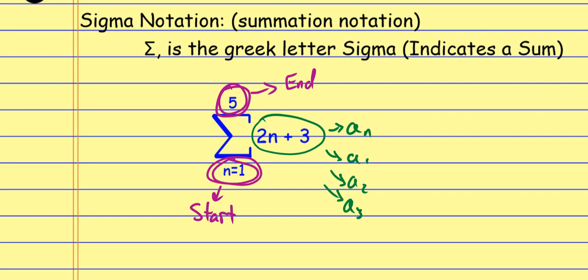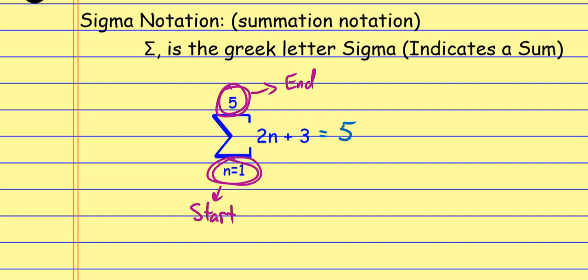When you look at this particular example, if I want to start with the first term, I plug the 1 in for n. 2 times 1 is a 2, plus 3 is a 5, so the first term is a 5. I don't want to stop with that first term.